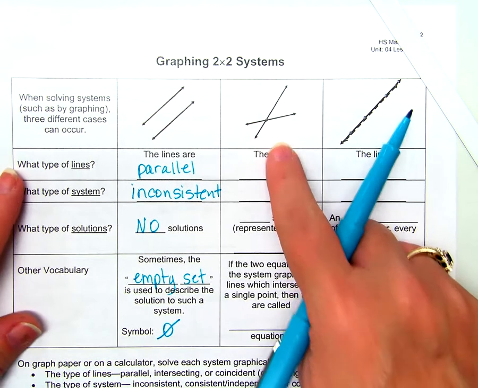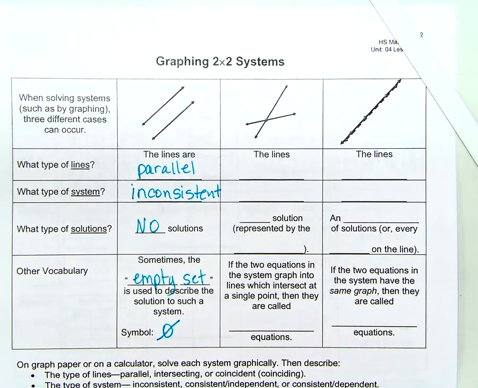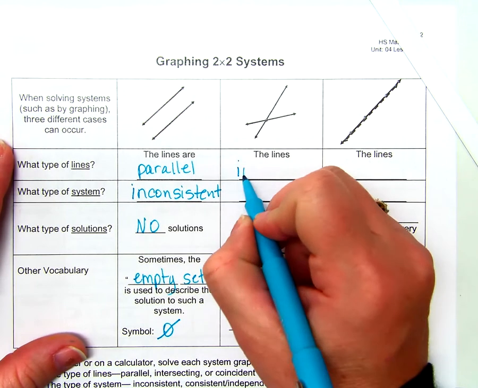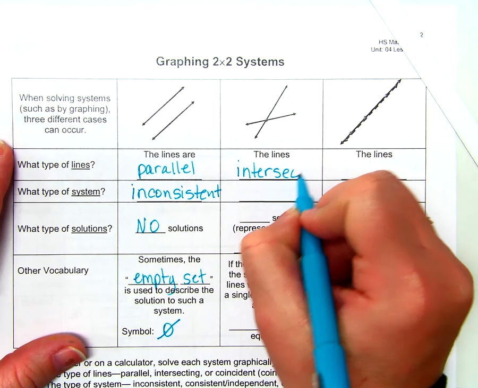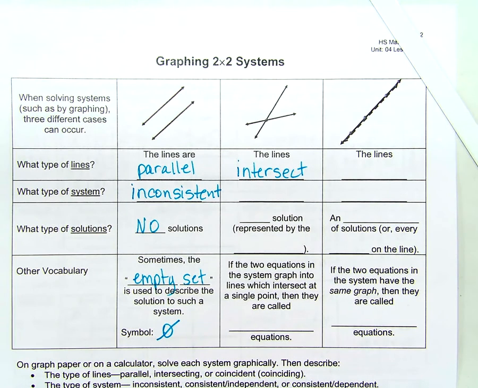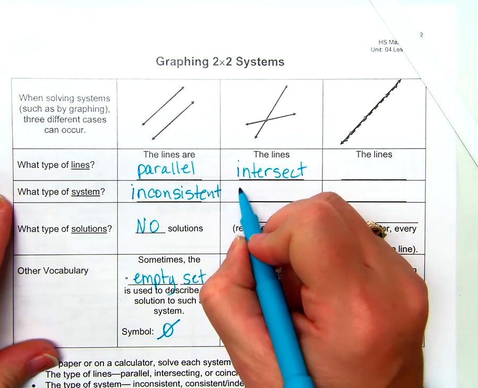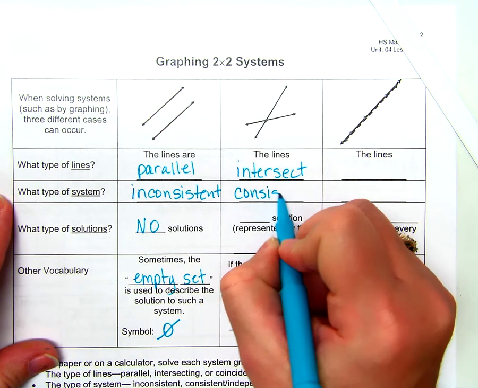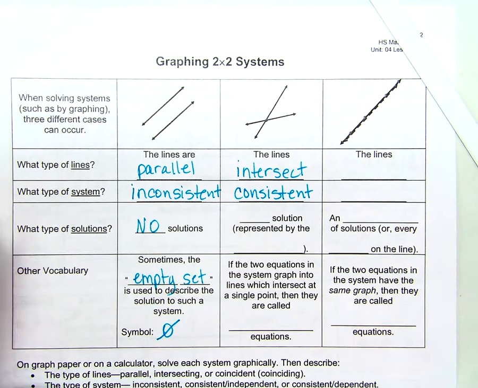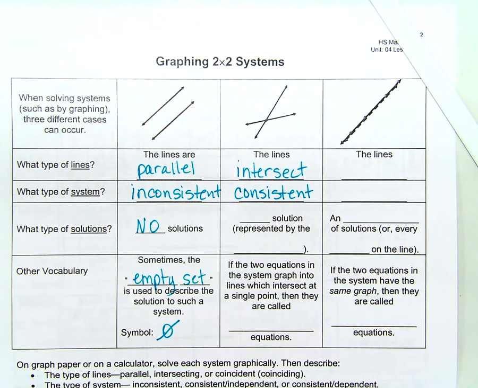These lines right here. What kind of lines are these? The lines intersect. Good. What type of system is this? Any guesses? Consistent. Did you know that, or was it a guess?